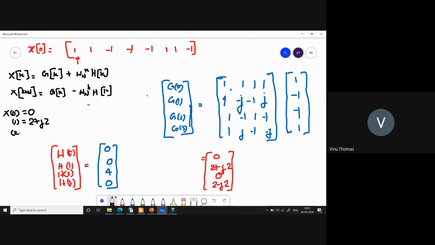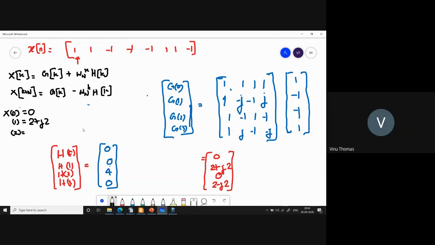What is x of 2? X of 2 would be 0 plus 4 into W8 raised to 2. So you have to find out what W8 raised to 2 is.